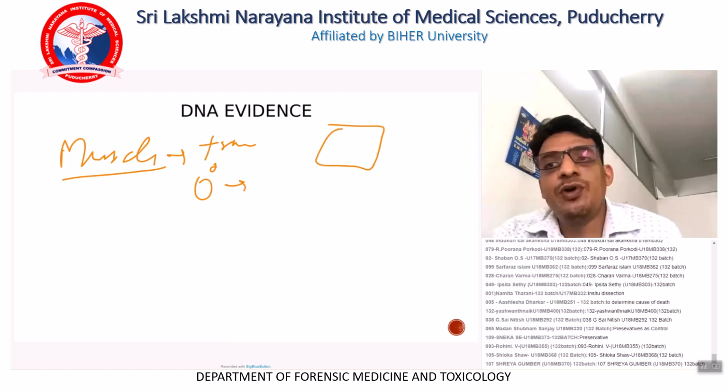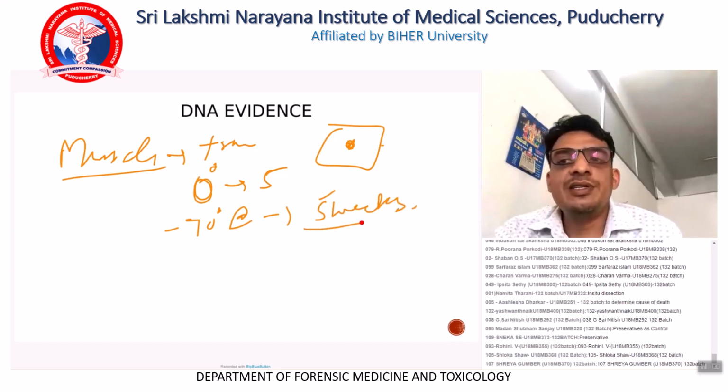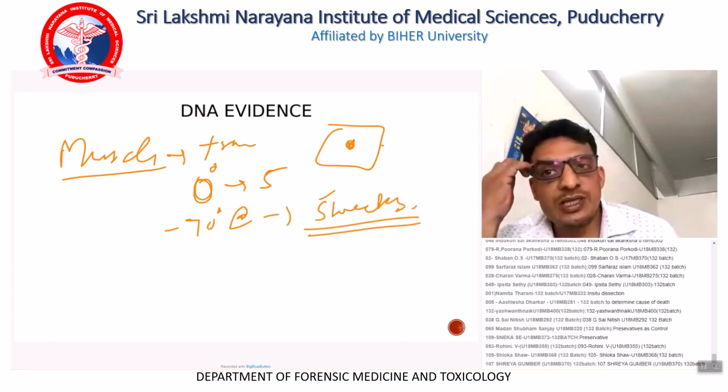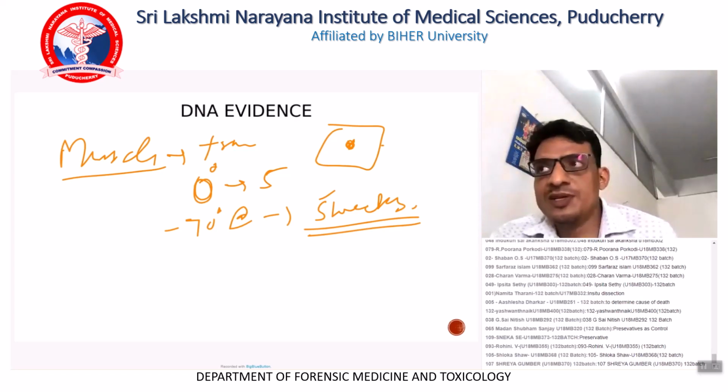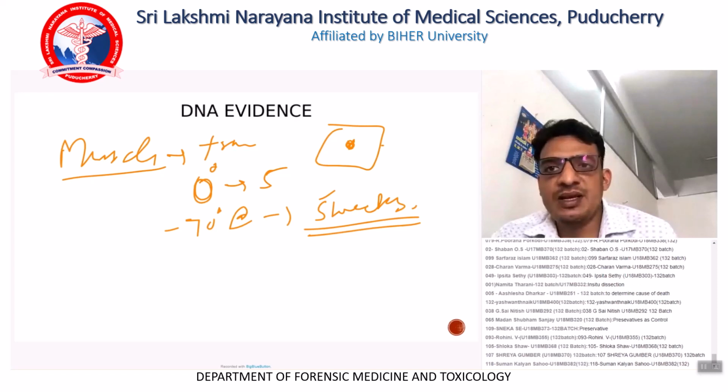If stored at -70 in liquid nitrogen, it can work up to 5 weeks. But the temperature line has to be maintained, and our police stations are not that equipped. They will just store it in some place and it will get destroyed. So always take care of local factors and local resources while preserving any specimen.